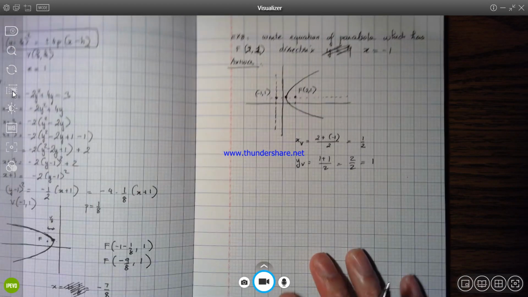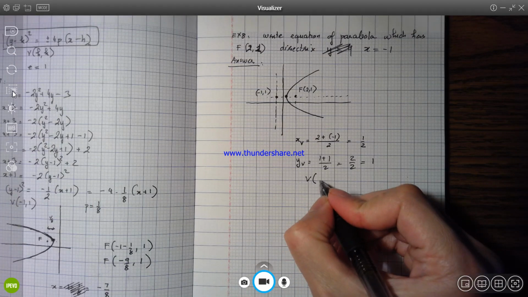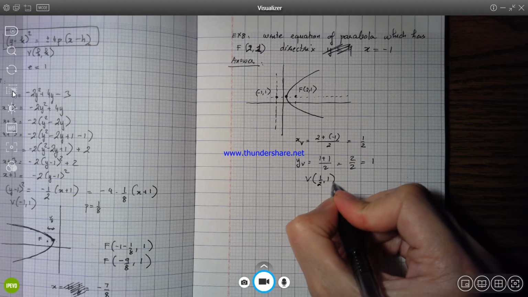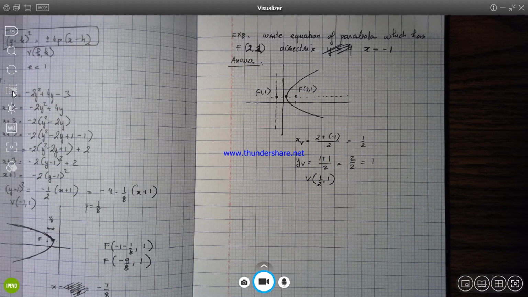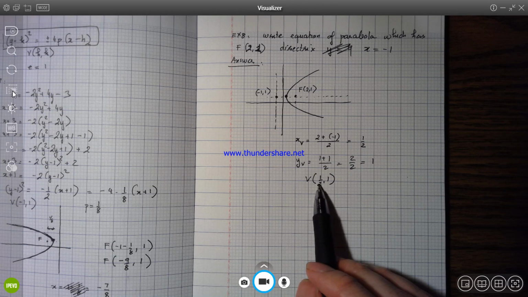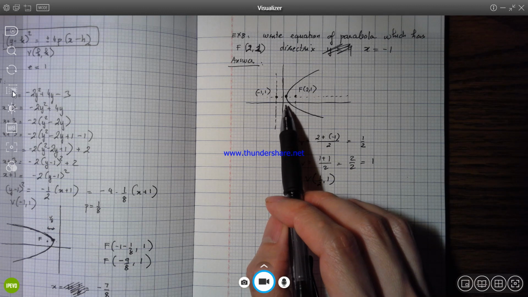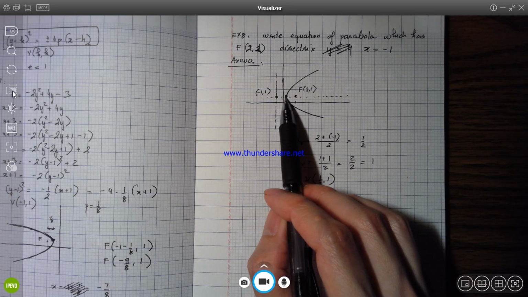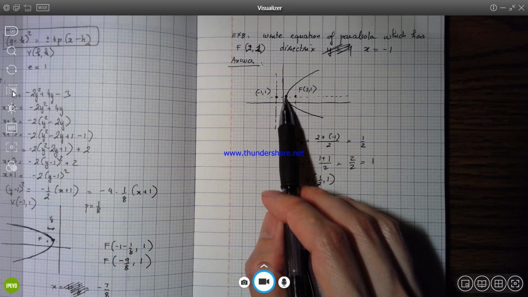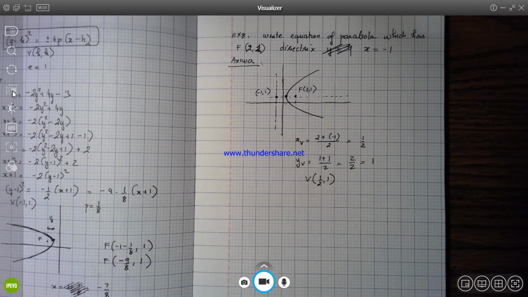So the coordinate of the vertex will be (1/2, 1). On the test you have to show me this. If you graph it carefully, you can take a guess, but I want to see the work.